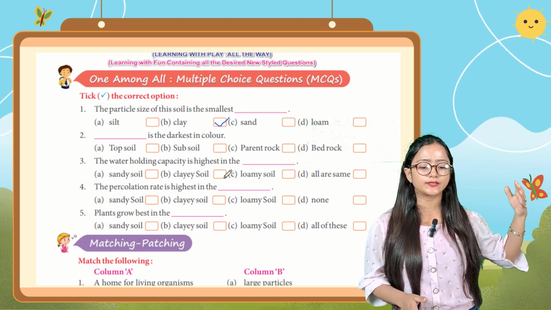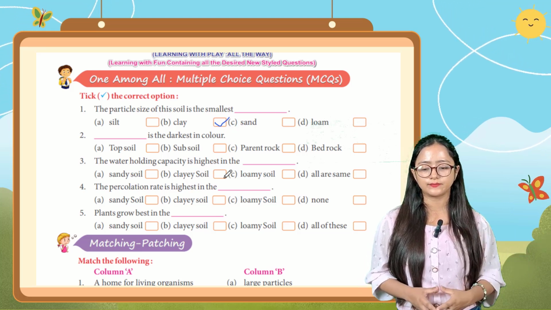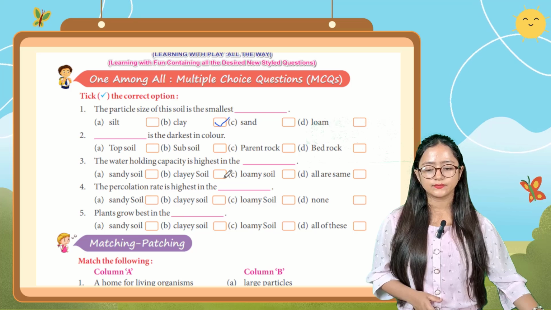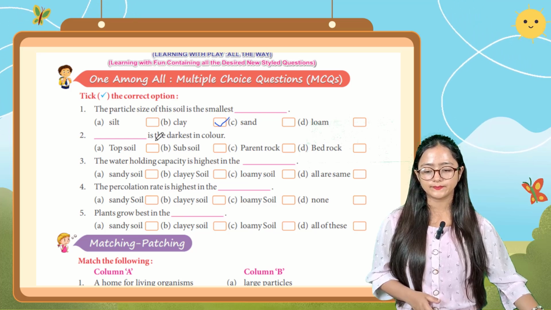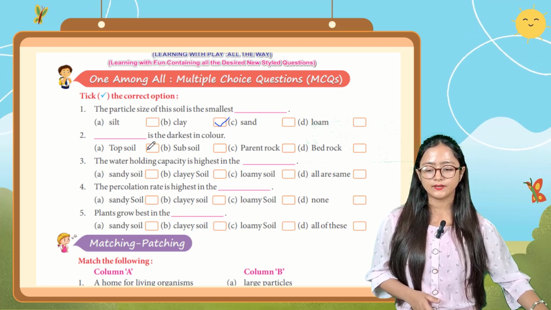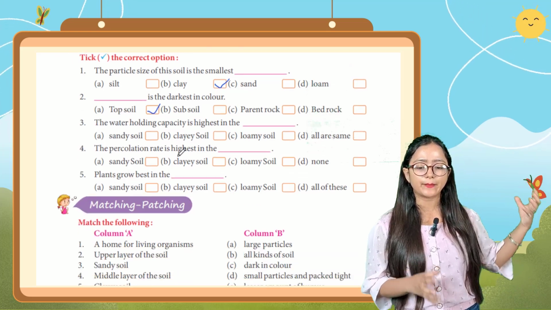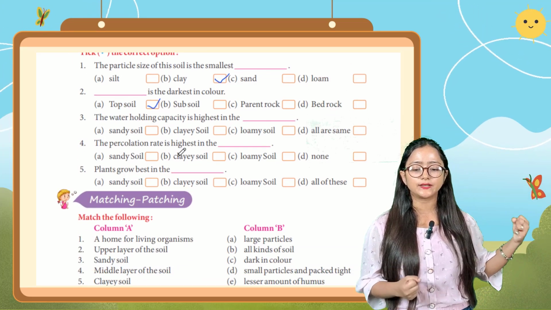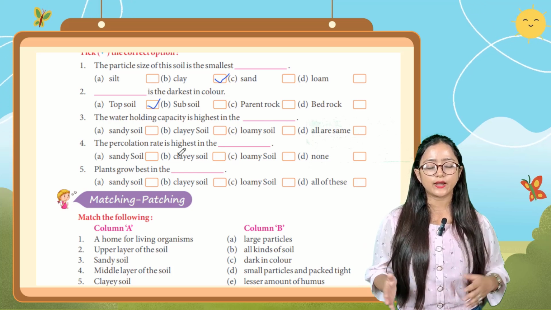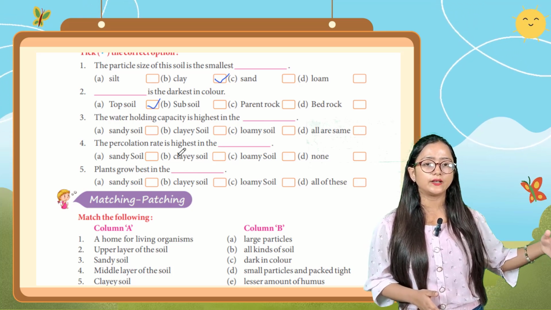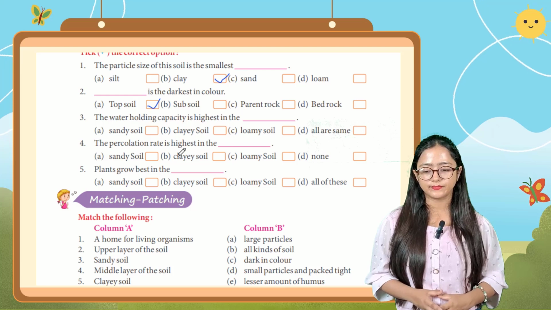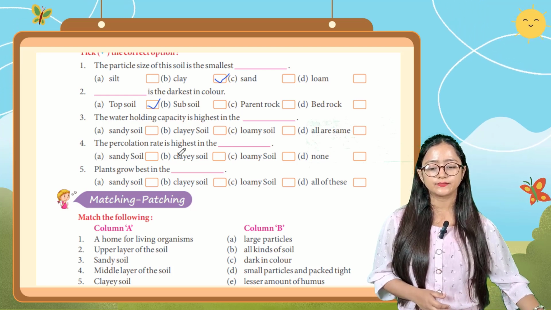Is it subsoil? Is it parent rock or is it bedrock? So topsoil, tick that one. Next, the water holding capacity is highest in the dash. Is it sandy soil, clay soil, loamy soil or all are same? So it is clay soil.